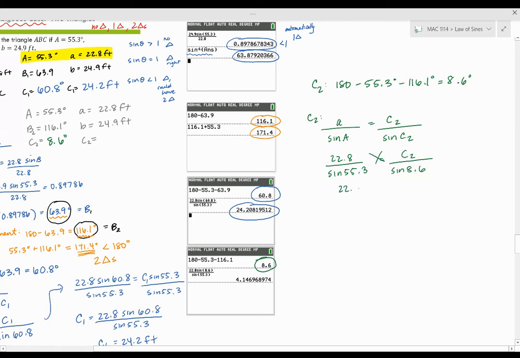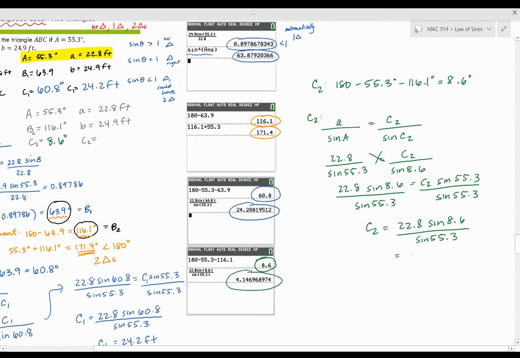So that's 22.8 times the sine of 8.6 equals c2 sine 55.3. I'm going to divide both sides by sine of 55.3. So c2 equals 22.8 sine of 8.6 all over the sine of 55.3. When I plug that into the calculator, I get 4.1 feet.